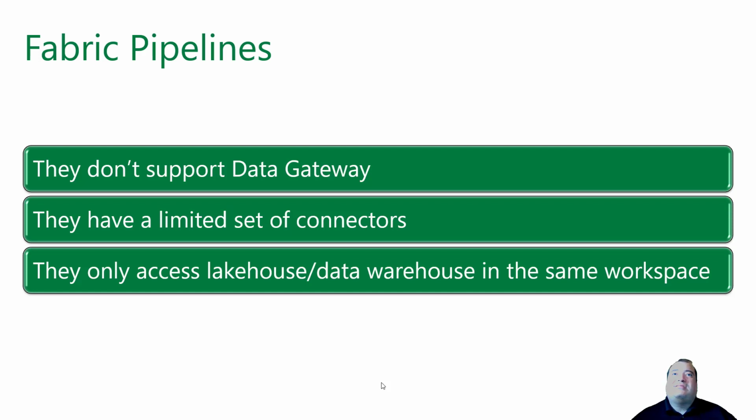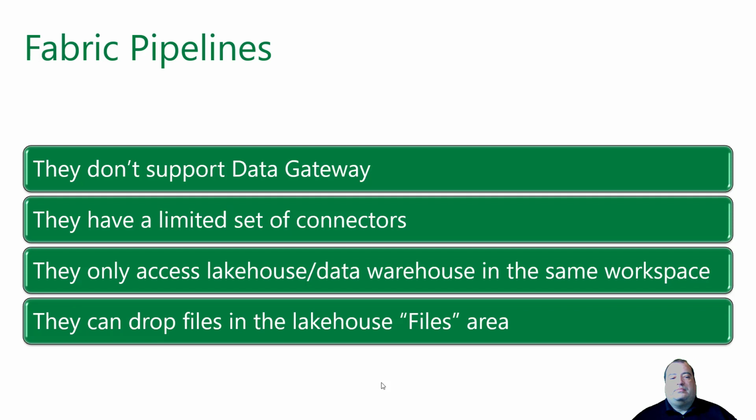This is a strange limitation. And they can drop files in the lakehouse, either in the files area or in the tables area. Doesn't matter. So you can choose if the pipeline will drop the file in the files area or in the tables area.